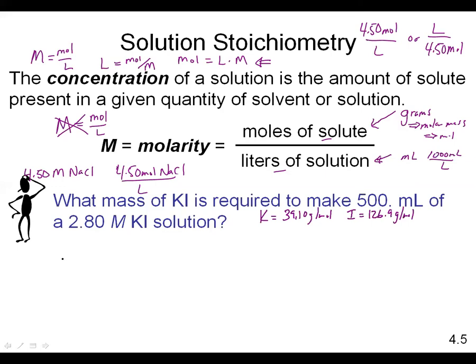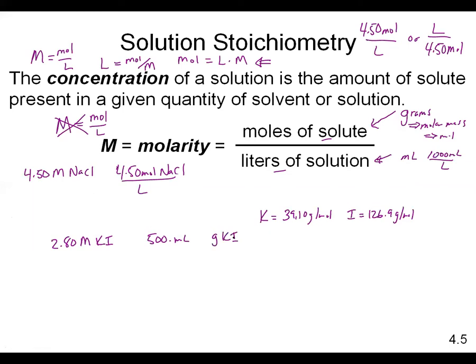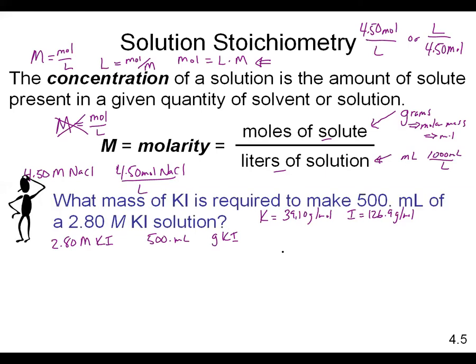So again here, we have the 2.8 molar KI, we have 500 milliliters of it that we want to make, and we want to know how many grams of KI. So remember that molarity is moles per liter. If you're not sure where to begin, you can see that you have the molarity given to you. You don't have the liters, but you do have the milliliters.